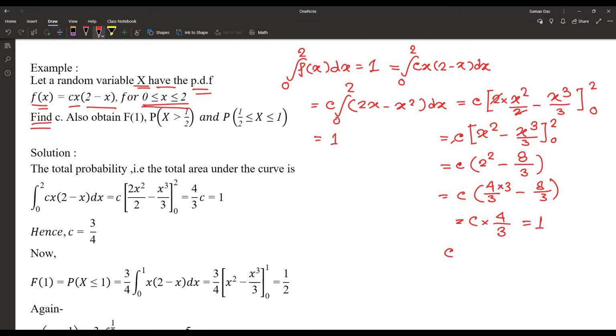So we have c equal to 3 by 4, and that is the result. We have already found the value of c.